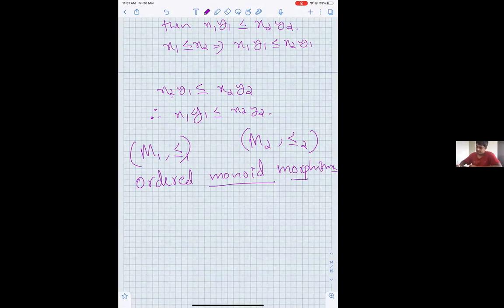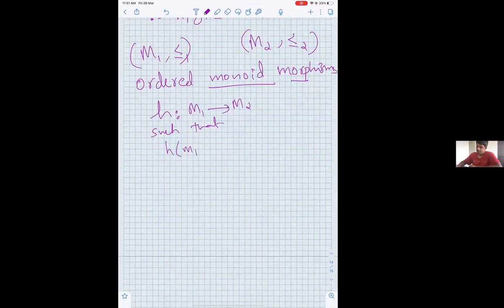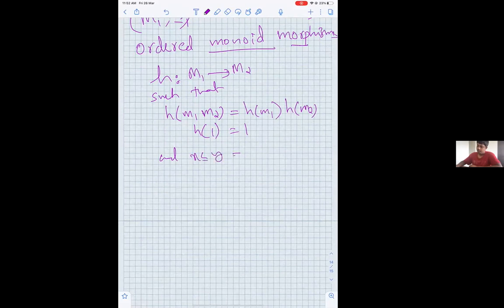H is a function from M1 to M2 such that H of m1 m2 is equal to H of m1 times H of m2, H of 1 equals 1, and x less than or equal to y implies H of x is smaller than or equal to H of y. As you would expect, an ordered monoid morphism preserves the order across the monoids.